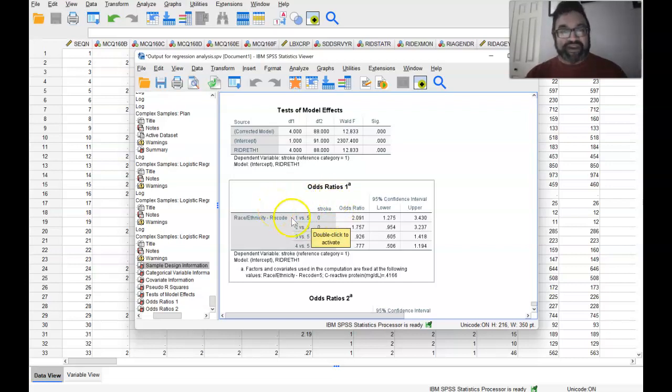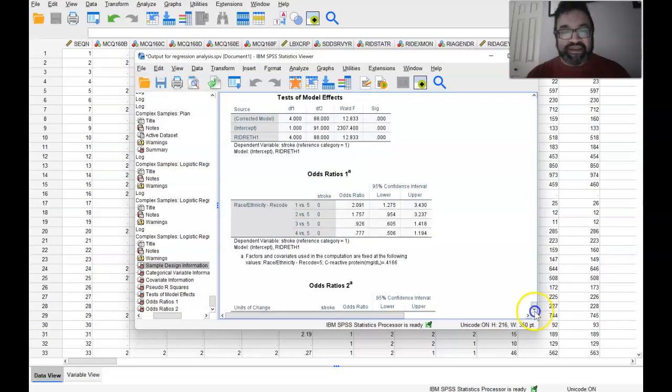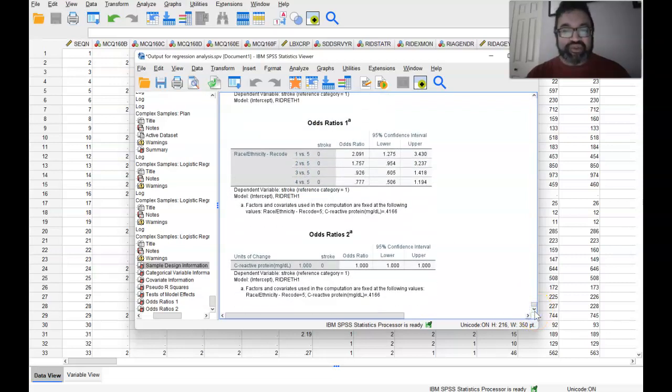If five is other, then one here would be non-Hispanic white, two is non-Hispanic black, three is Hispanic, and four, I believe, is Asian. So there's a comparison that you can make, and of course, this is after controlling for C-reactive protein.